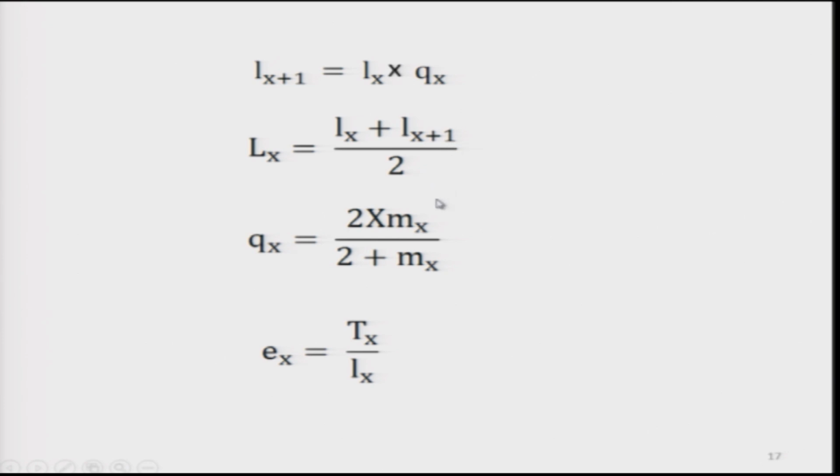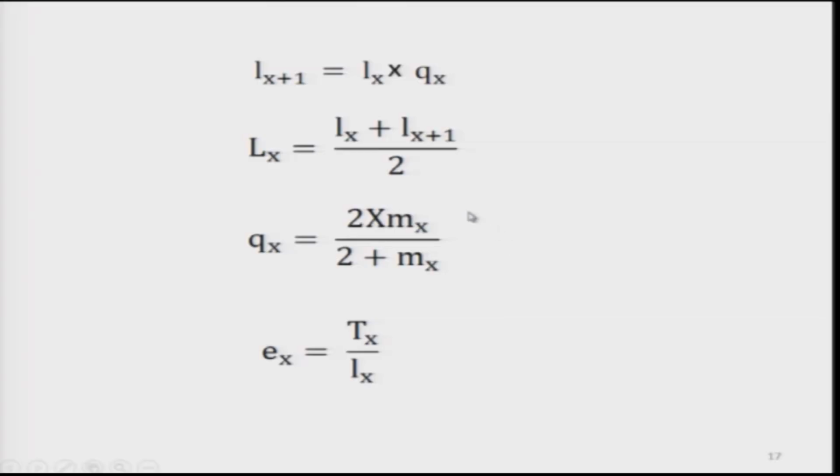Actually, the purpose of this lecture is only to introduce measures of fertility and mortality, so I am not going into details, but I can tell you that the most crucial of all the equations in preparing a life table is this. What we get from the data, from SRS data or other data, is mx. mx is the age specific death rate at age x, and these age specific death rates are converted into probability of dying by using some formula.